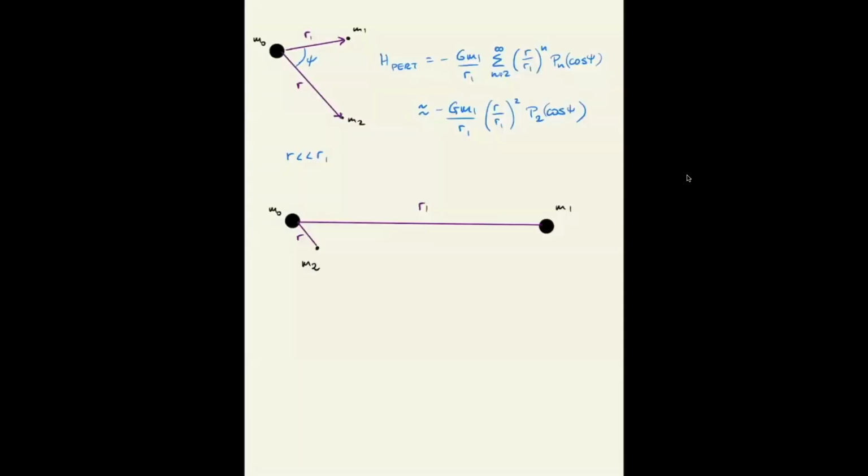I emphasize again that we didn't do yet any approximation on the relative mass of M0 and M1. I've been calling M0 the sun and M1 a planet, but there has been no restriction yet on what their masses are. The only approximation that I did so far was to assume that the mass M2 is equal to 0.